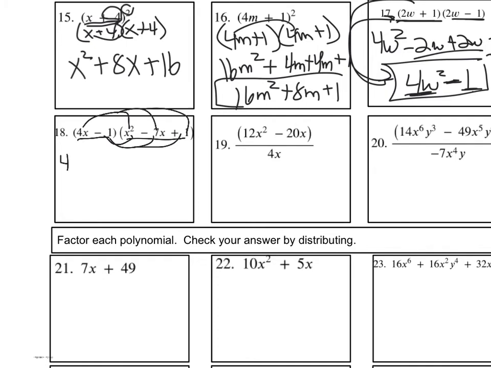So this is going to be 4x cubed, don't forget the invisible 1, minus 28x squared plus 4x, then negative x squared plus 7x minus 1. So combine your like terms. 4x cubed minus 29x squared plus 11x minus 1.